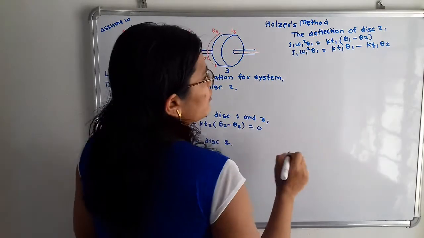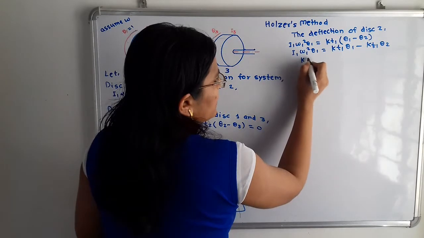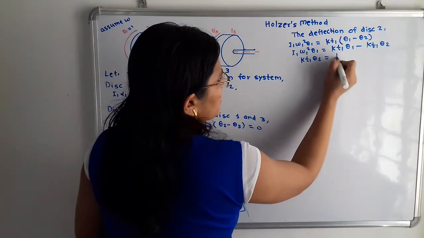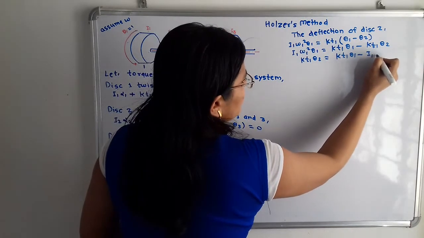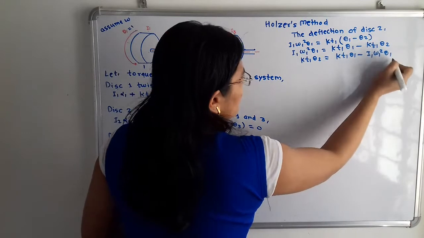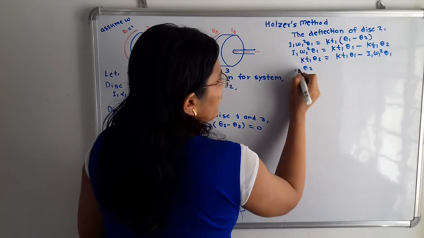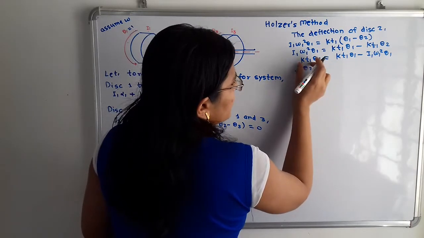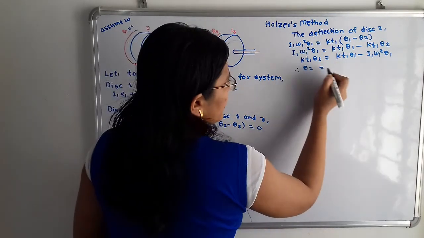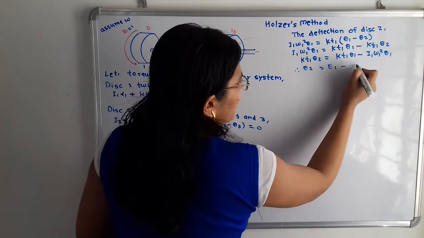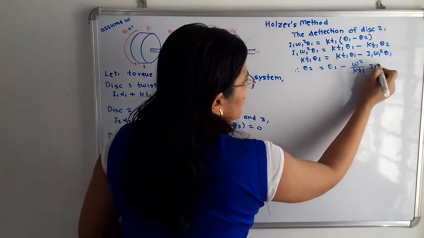Now we have to find theta2. It has a minus sign, so we transfer it to the left hand side: kt1 theta2 is equal to kt1 theta1 minus I1 omega1 square theta1. Now we transfer kt1 to the right hand side, so it goes into the denominator, and kt1 and kt1 get cancelled. Therefore theta2 is equal to theta1 minus omega square divided by kt1 times I1 theta1.